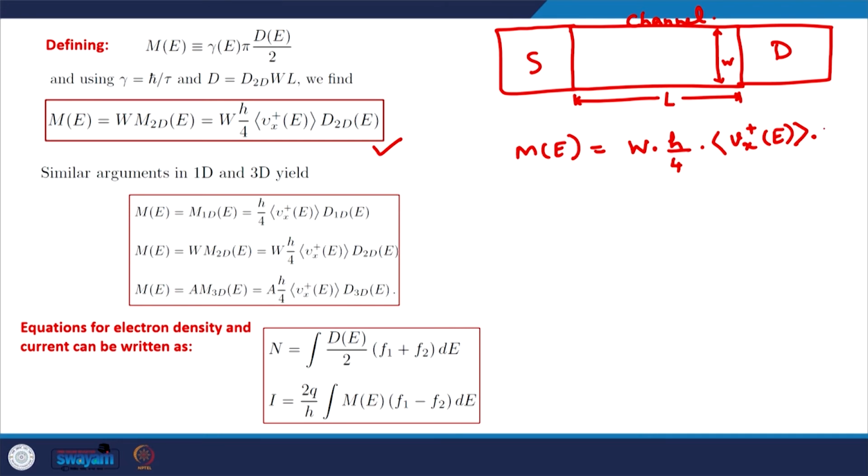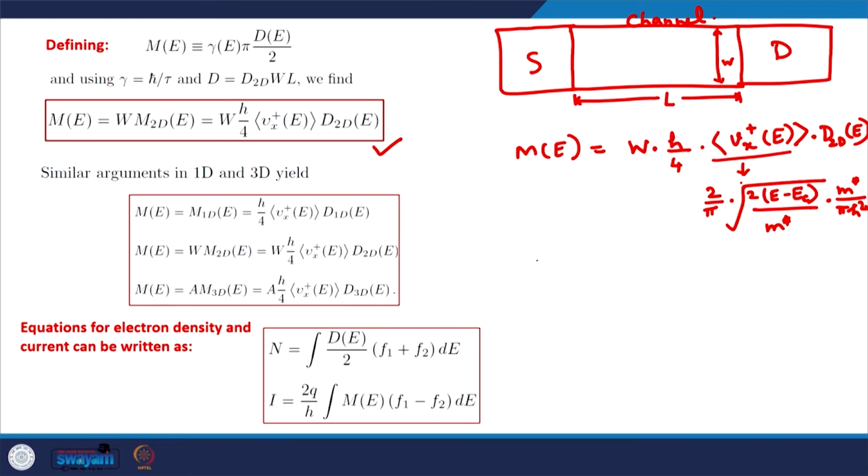Please work out these derivations on your own as well, because until you do that, you won't understand it properly. So, the expression for the positive velocity in the x direction is 2 by pi times the square root of 2 times (E minus EC) divided by m star, and D to dE is m star divided by pi h bar square.